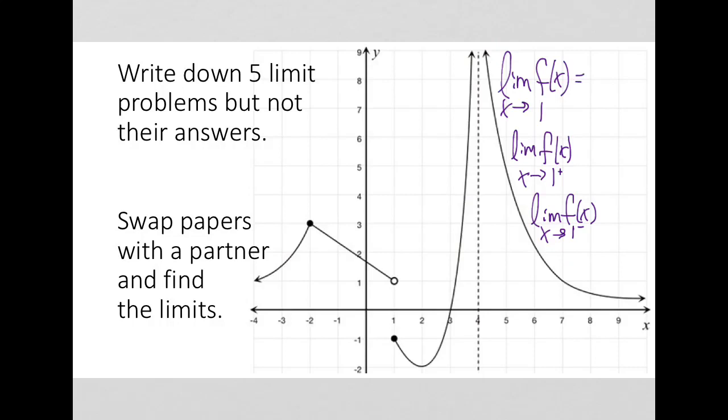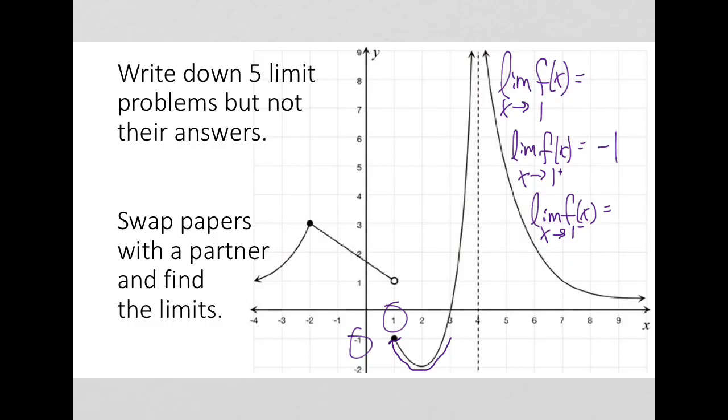And let's look at this last limit here today. There are 3 of these limits that we're looking at, all at the x value of 1. The first question says, what is the limit of f of x as x approaches 1? Well, to answer that question, we have to look at the two one-sided limits. So we need to find the limit of f of x as x approaches 1 from the right. As we approach from the right, we're following that graph to that point right there, which has a y value of -1.